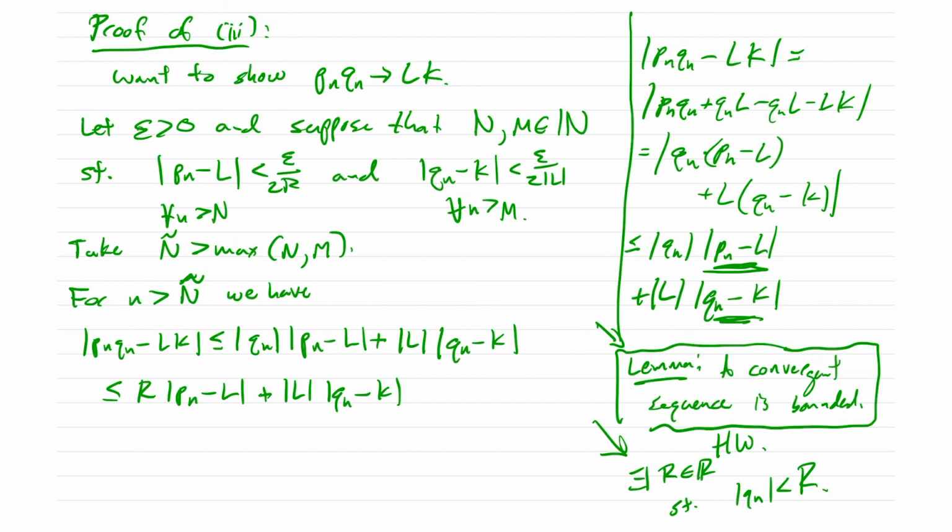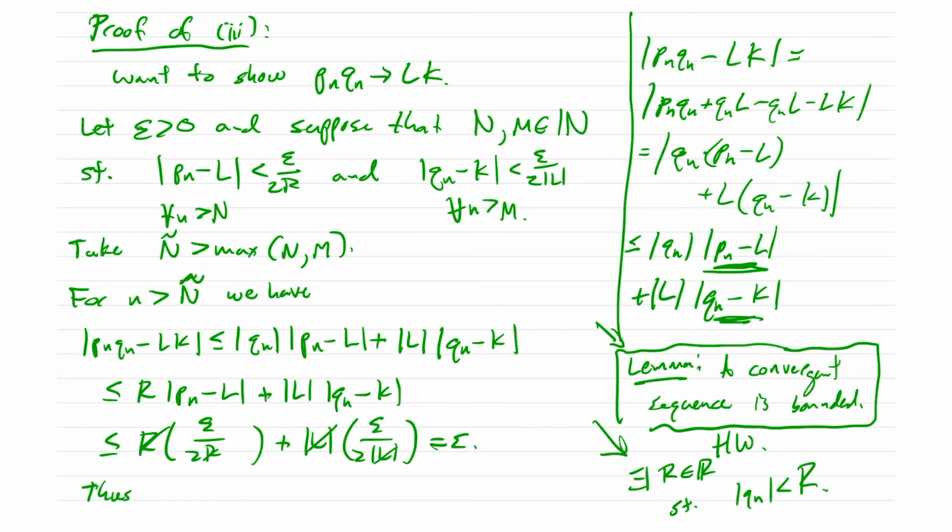And now we know by how we selected n that this is going to be less than or equal to R times epsilon over 2R plus the absolute value of L times epsilon over 2 absolute value of L. And so these terms are going to cancel. It's going to leave epsilon over 2 plus epsilon over 2, and this is equal to epsilon. And so, therefore, we've demonstrated that this converges.